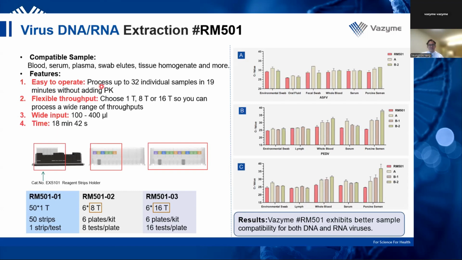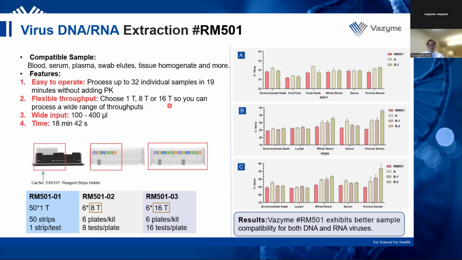And no proteinase K is required, and it's flexible, which means you can choose between 1, 8, or 16 strips depending on your sample size, which gives you operational flexibility.